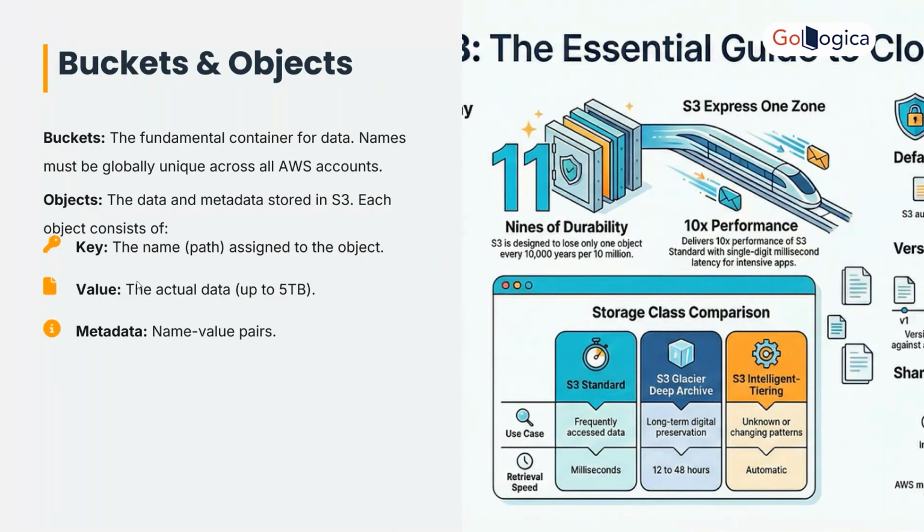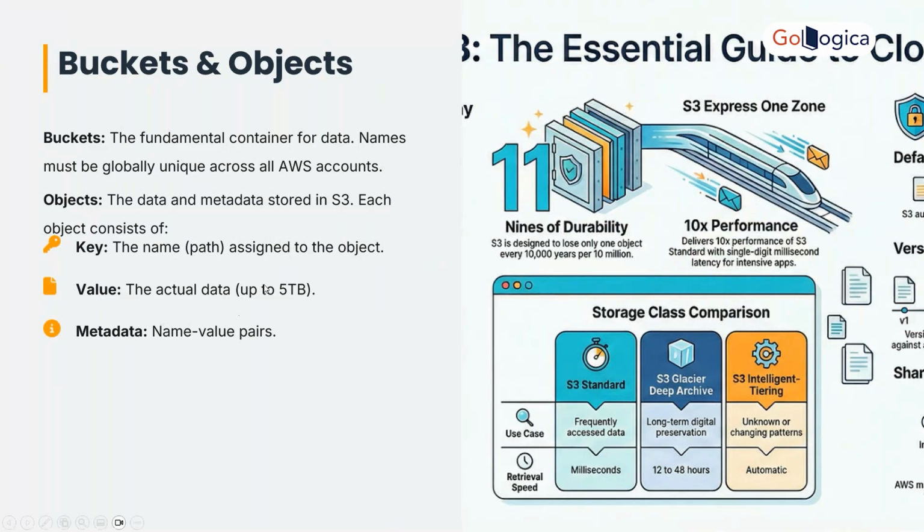Then metadata consists of name-value pairs. All of these are key-value pairs. Say there is a timestamp: the key will be date and time, and the value will be the corresponding time. Or the key will be file size, and the corresponding value will be the actual file size.